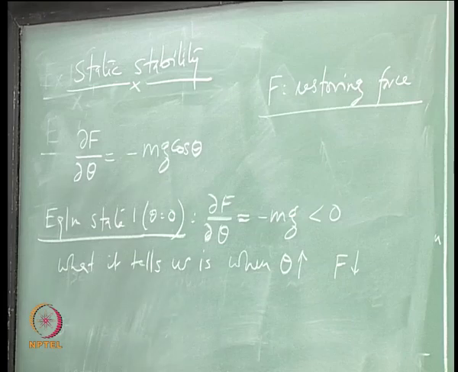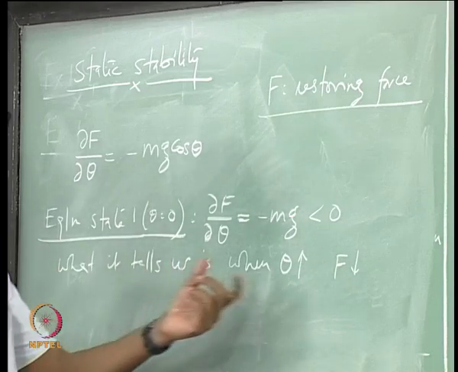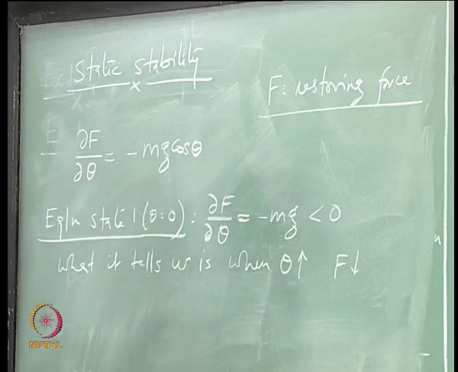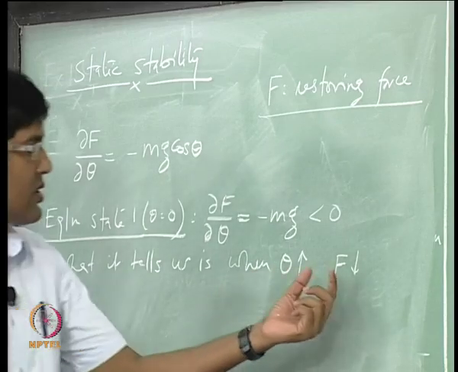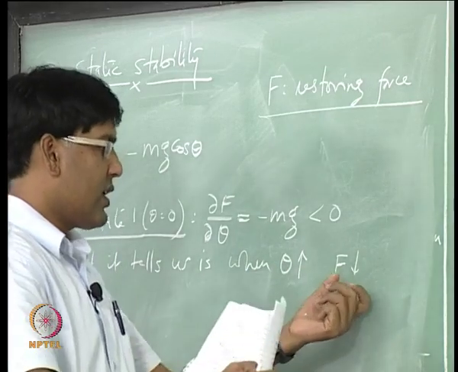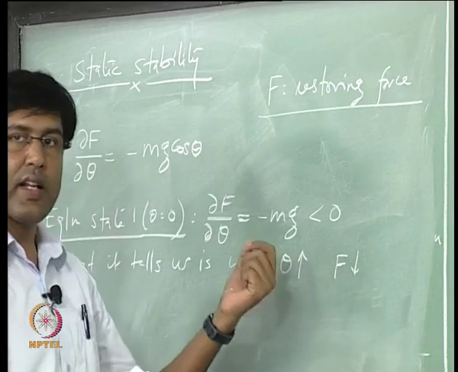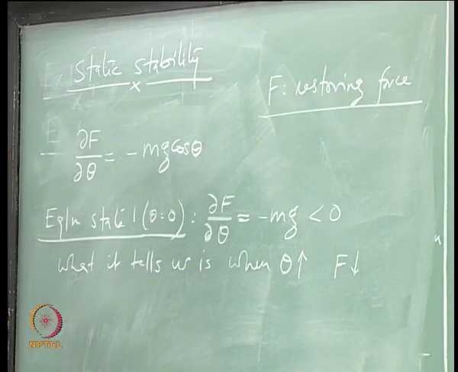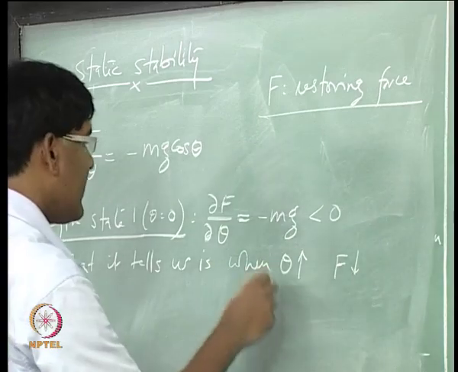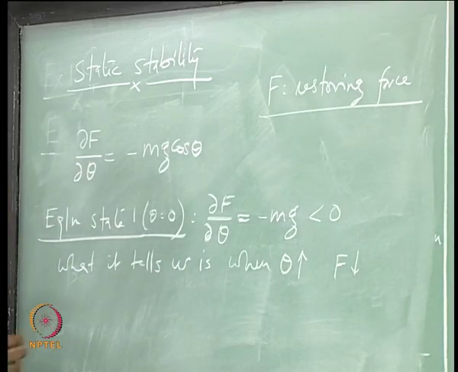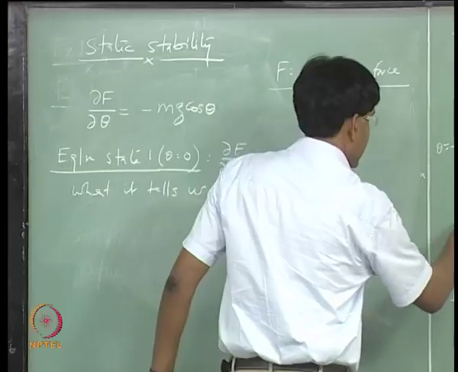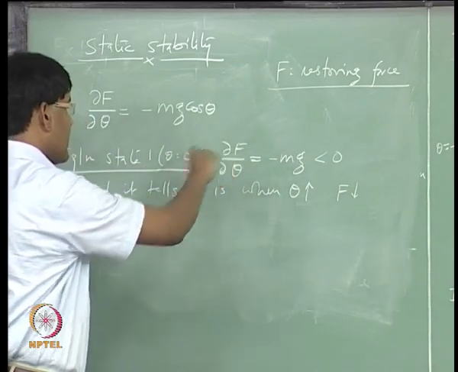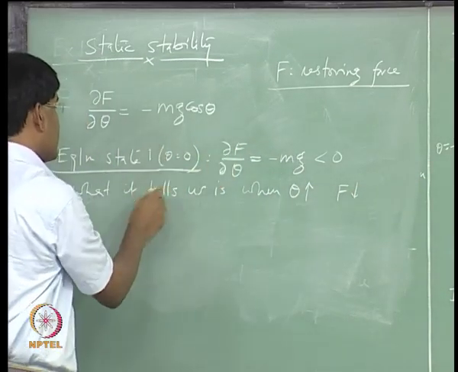That is what this derivative is telling. So, this force is actually acting in the direction to decrease the angle theta, and that is when we say that this equilibrium state, around which I have done this, is a stable equilibrium state.